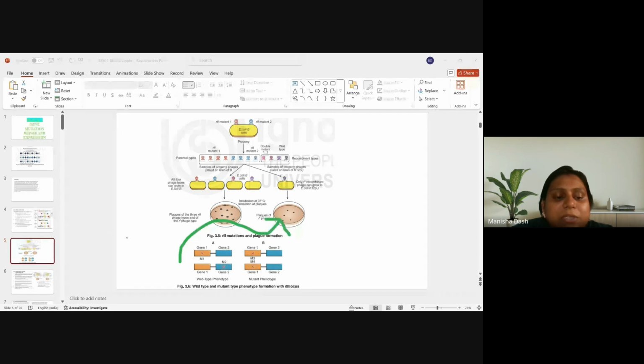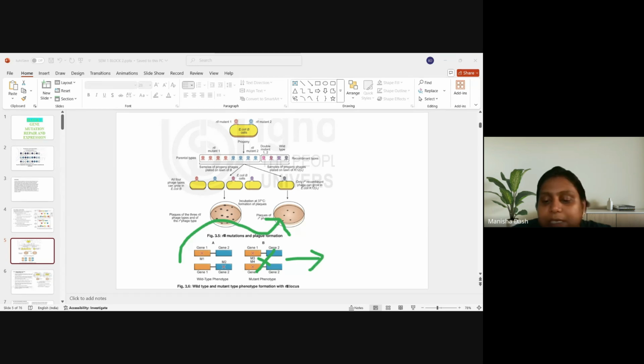This is called trans complementation because the mutations are in trans position. Trans means two separate DNA strands. If the mutations are on the same gene, it is called cis complementation. In this case, the mutations cannot be complemented, so you will never get a wild type phenotype in this condition.